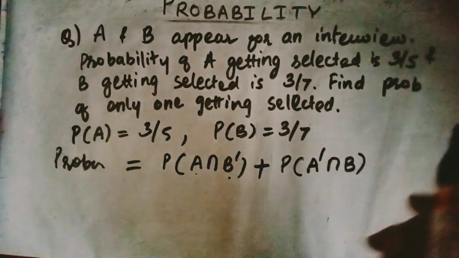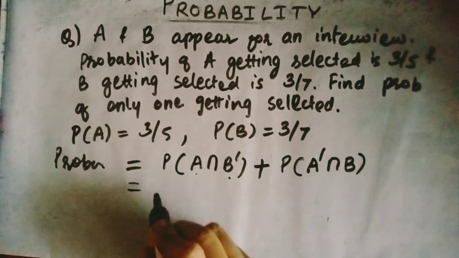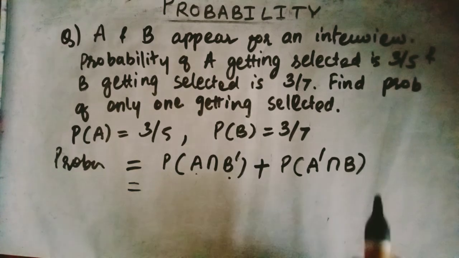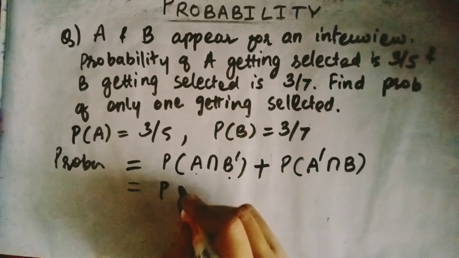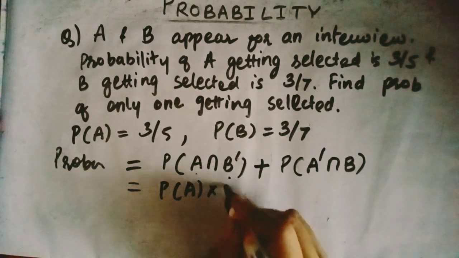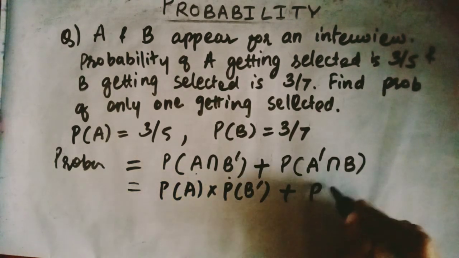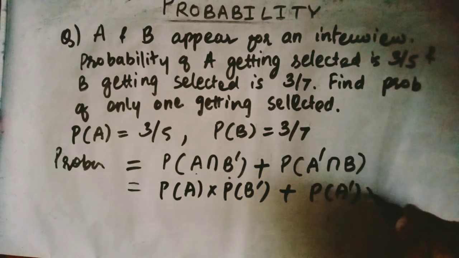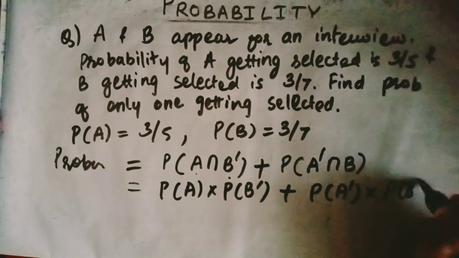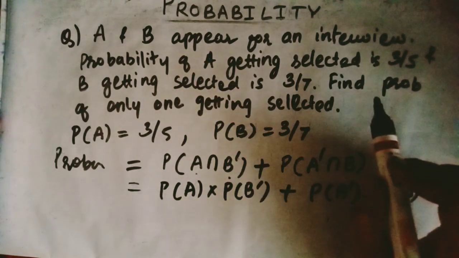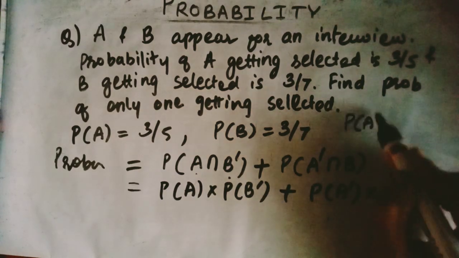These are also independent events, so you can write P of A into P of B complement plus P of A complement into P of B. What is P of A complement?